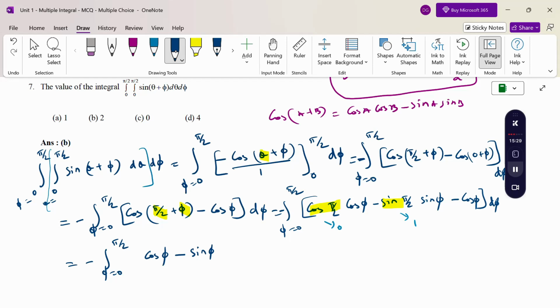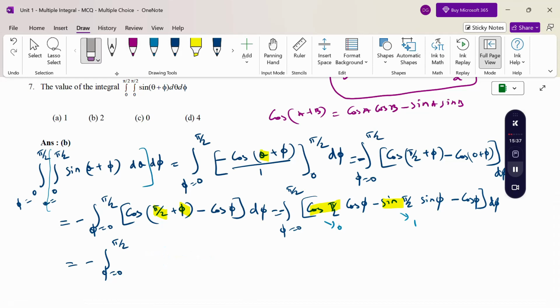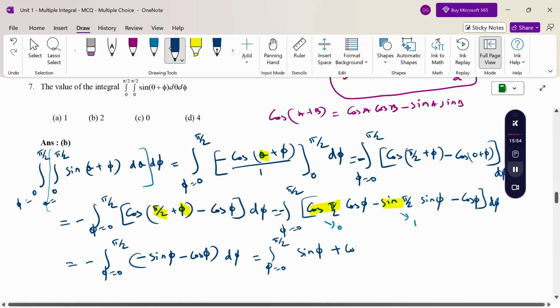Here cos pi by 2 is 0, so the whole cos a cos b term is 0, and sin pi by 2 is 1, so minus sin pi minus cos pi, d pi. Taking minus common, integral 0 to pi by 2 of sin pi plus cos pi, d pi.